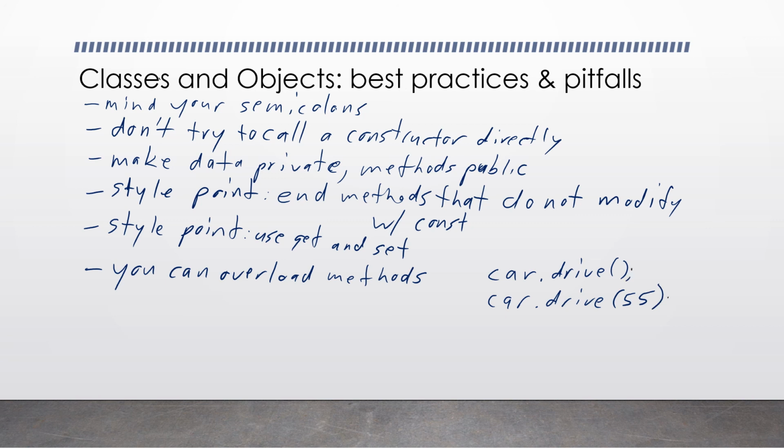Okay, car.drive without any parameters might follow that default cruising speed that I had programmed in earlier. Drive 55 would tell it to only drive at 55 miles per hour. These would be overloaded functions because they're getting different parameters. No parameter here, one parameter here, and the compiler will know which method to call based on what you call it with.